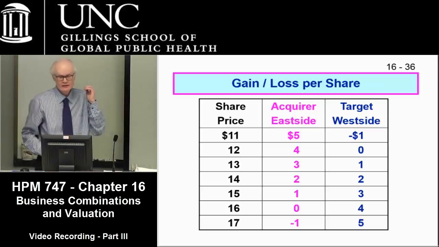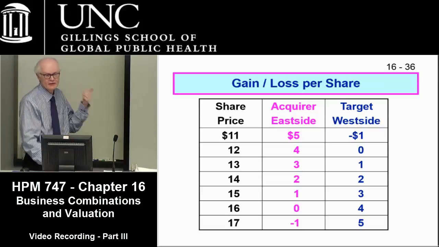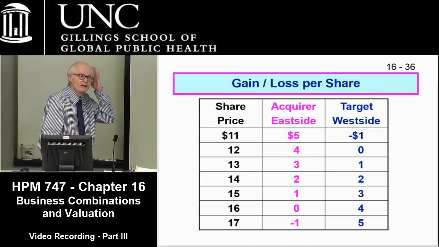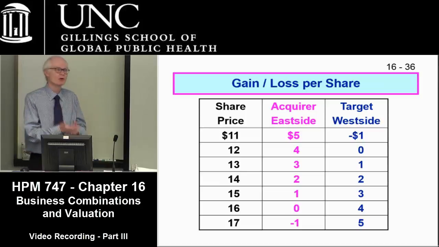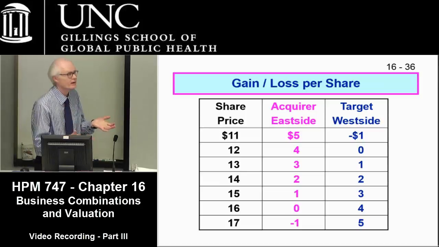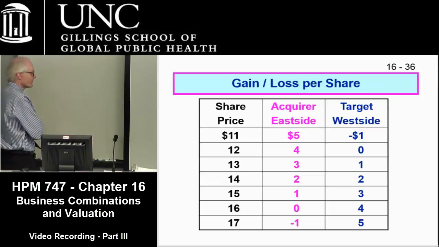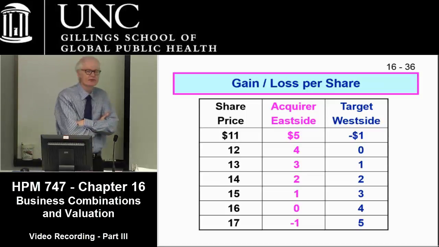But if Eastside gets it for $12 and it really is worth $16, then all the benefit of the merger goes to the acquirer, Eastside. What happens if it sells for $17 a share?